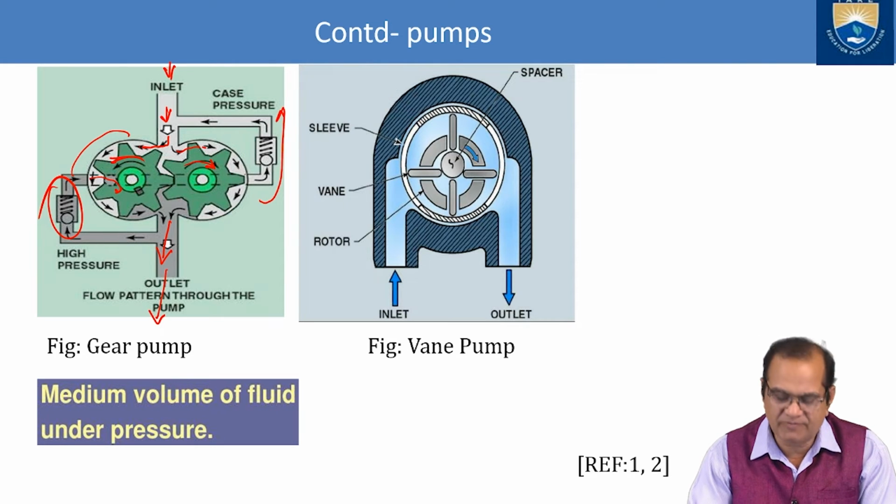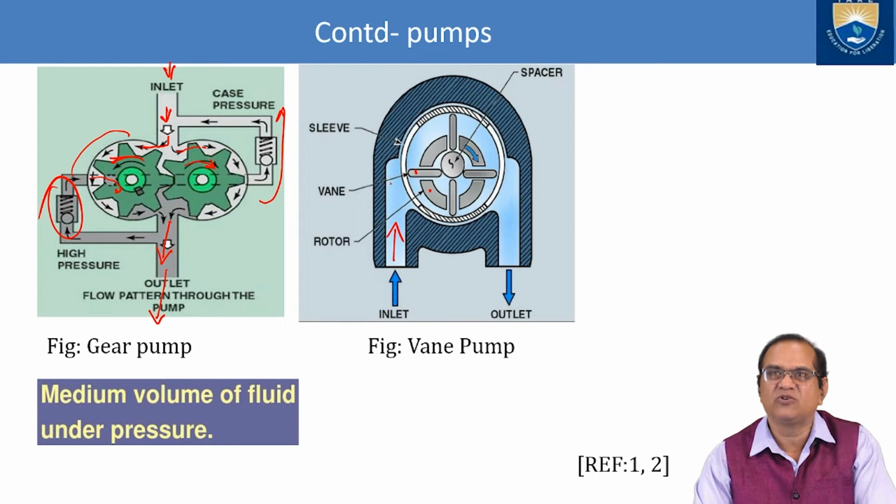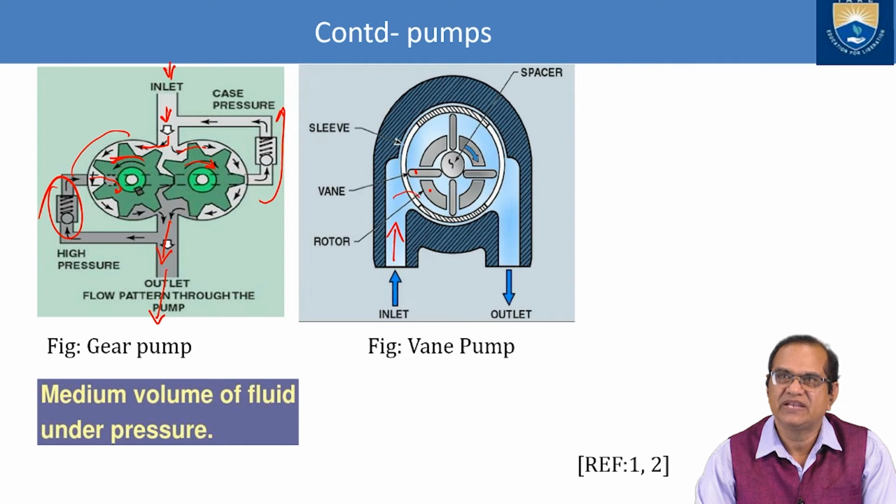Next we have the vane type of pump. Here this is the rotor, these are the vanes, and these are the sleeves. Fluid enters from here and goes to here. If you see, this area is increasing here, and as it goes around, the area is decreasing, so the volume is decreased and the pressure is increased.